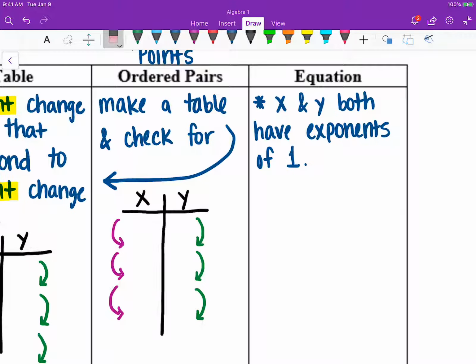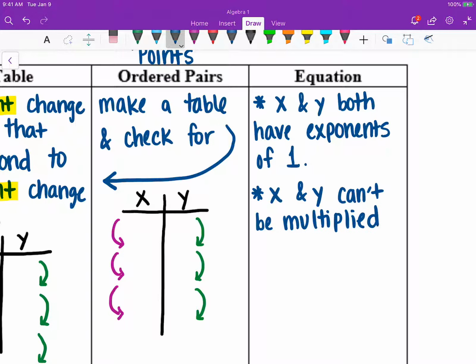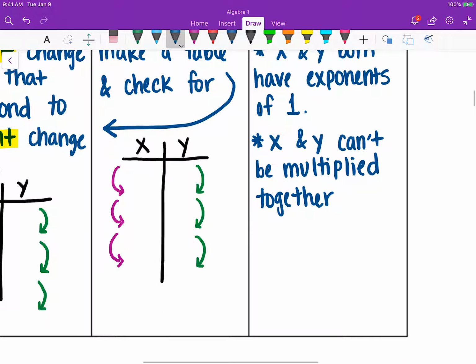If I come back down here, there's a couple other things that have to happen in an equation. Your X and your Y can't be multiplied together. So they can't be smushed by each other.